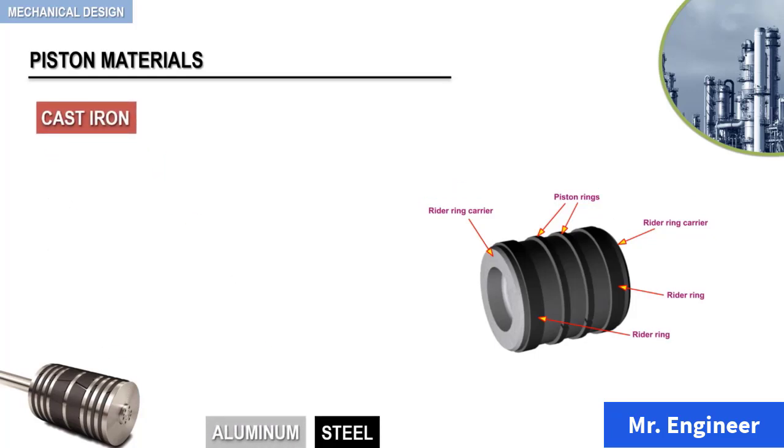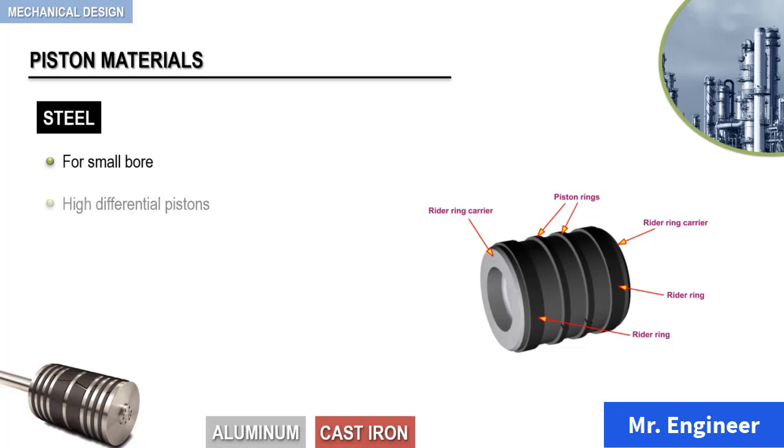Cast iron is perhaps the most common piston material due to its high strength and good wear and corrosion resistance. Finally, steels are used for small bore, high differential pistons when strength requirements are higher.